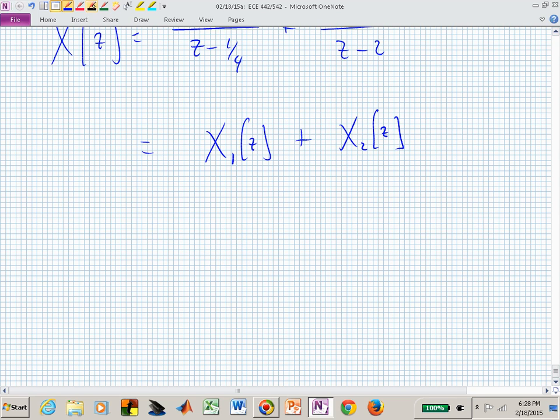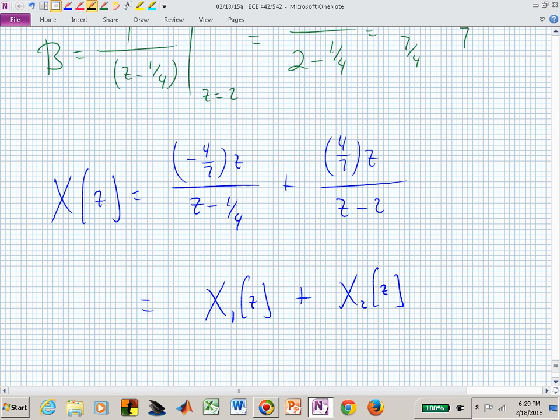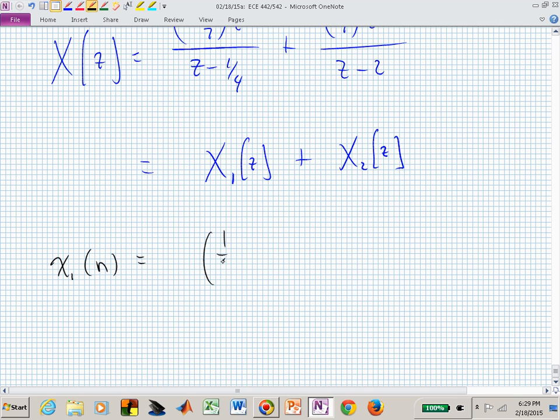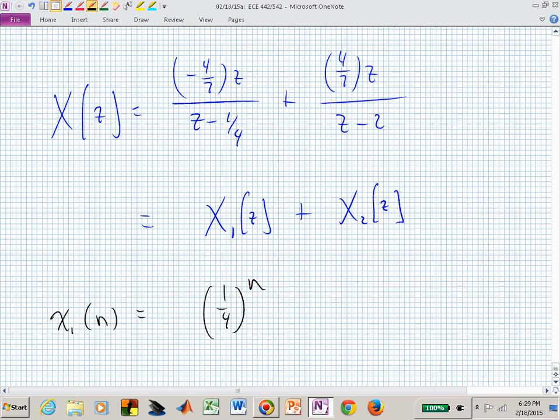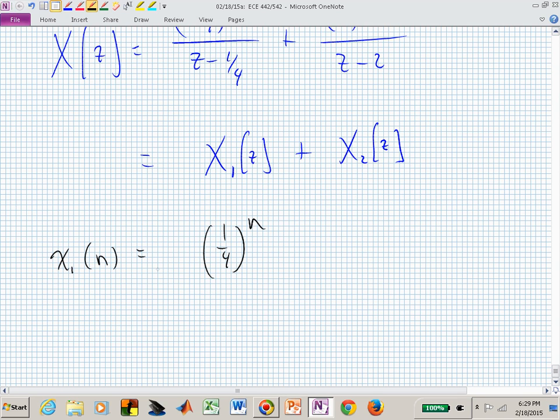And that allows us now to conclude, what's little x1 of n? Do you remember your tables? You know the structure, and you've just found the multiple of that that's present.